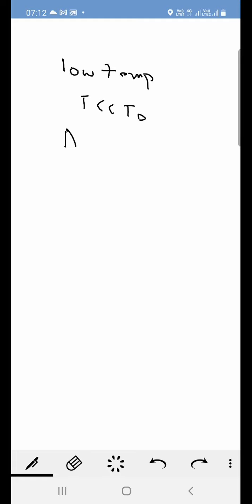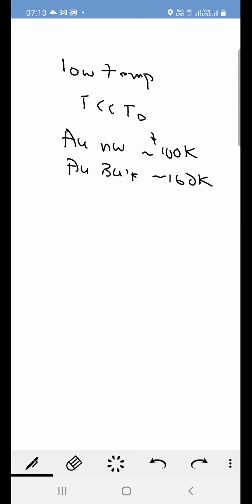So for gold nanowires, the Td value is around 100 Kelvin, and normally for bulk gold, when it is not in the nanostructure, the Td value is a little higher. It is 160 Kelvin. So there is a decrease in Td value when we go to the nanostructure.